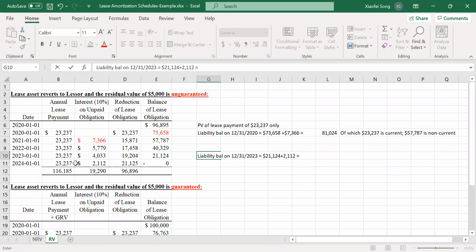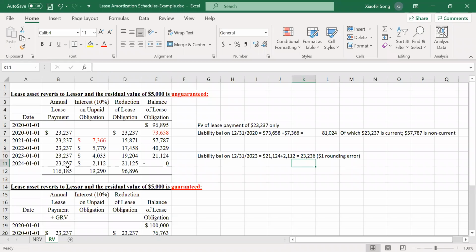So that happens to be 23,236. It's a $1 rounding error, right? So that means the next day when this payment is made at the beginning of the last year, there will be no obligation left, right? So that's that.